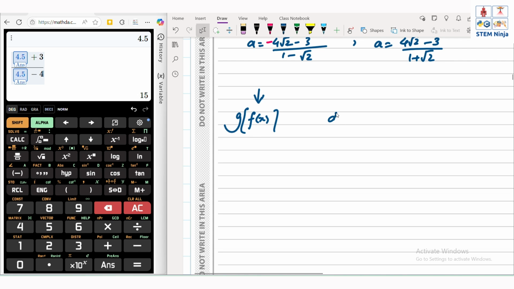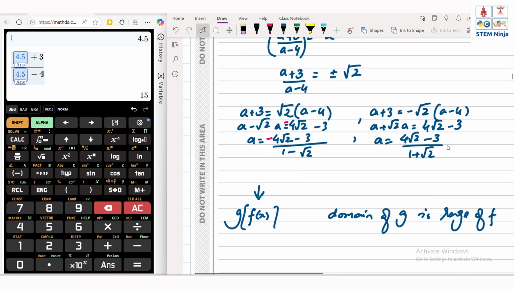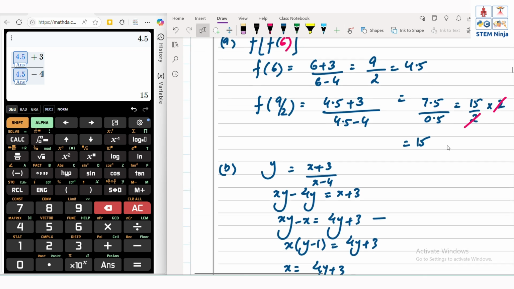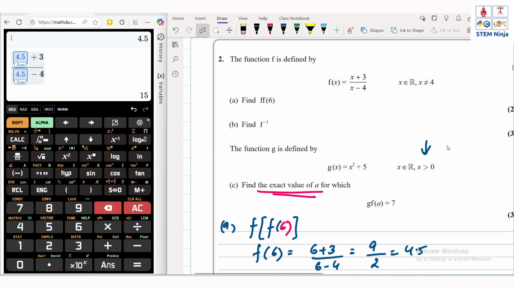So the domain of g is the range of f. Range of f, did we make it over here? We did not.